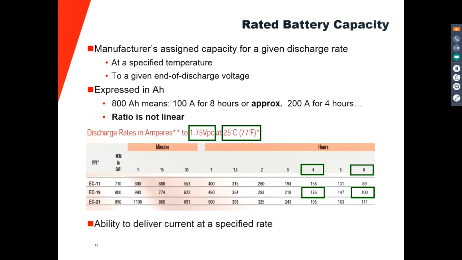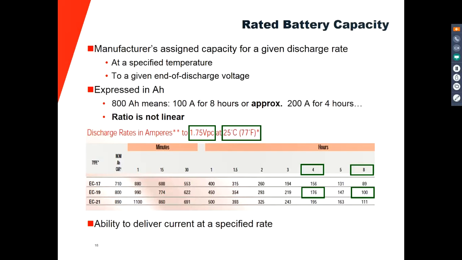Okay, so we already defined battery capacity, and now we need to see this from the perspective of the manufacturer, the rated battery capacity. We already talked about the capacity that is needed in the substation and what we need to do to verify this capacity. But when we purchase a battery, we need to know its rated capacity.